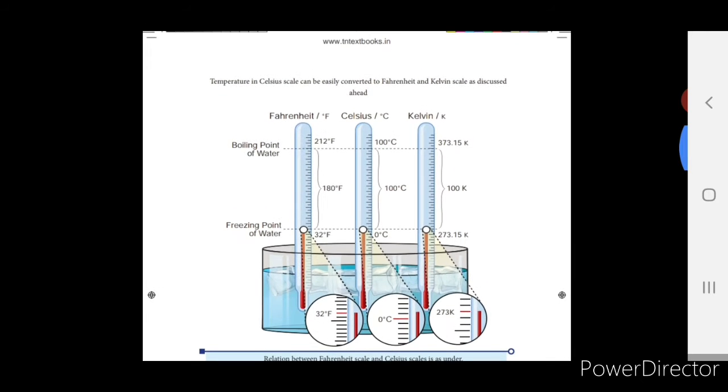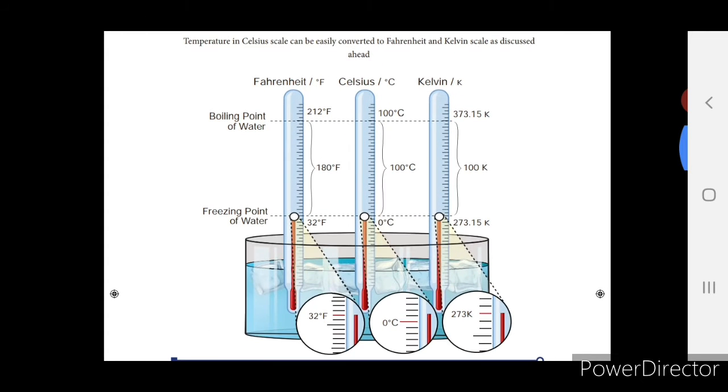Here the first one is the Fahrenheit scale. The freezing point of water is 32 degree Fahrenheit and the boiling point of water is 212 degree Fahrenheit. In Celsius scale, the freezing point of water is 0 degree and the boiling point is 100 degree centigrade.